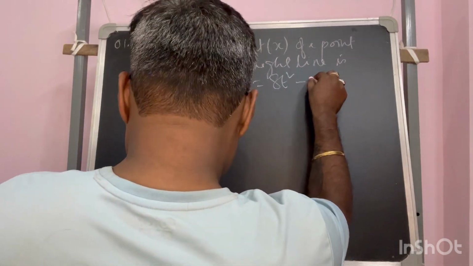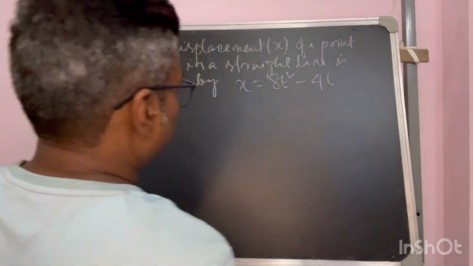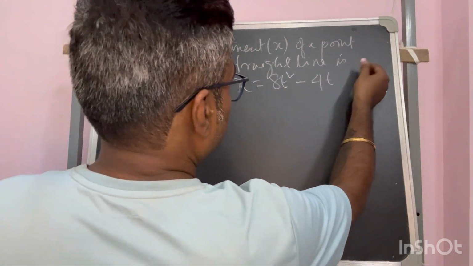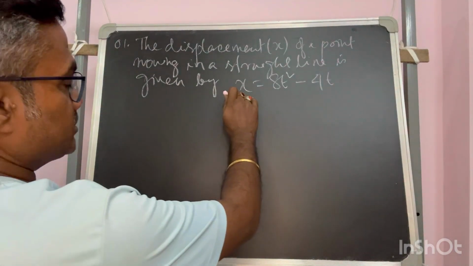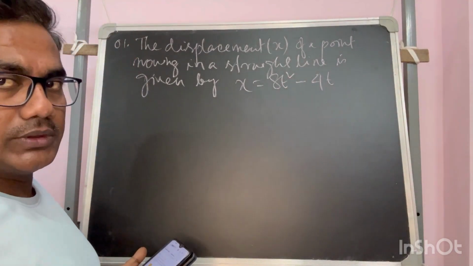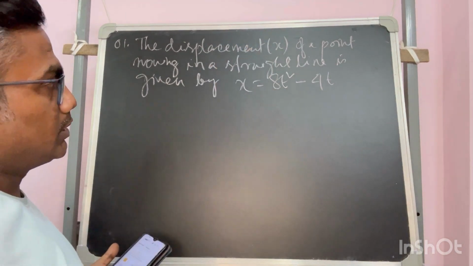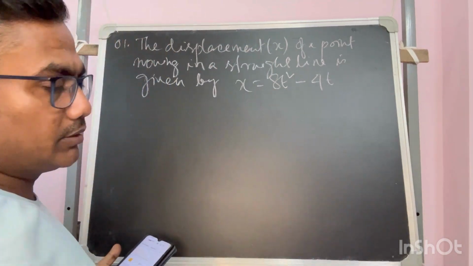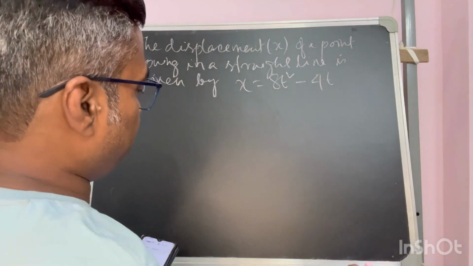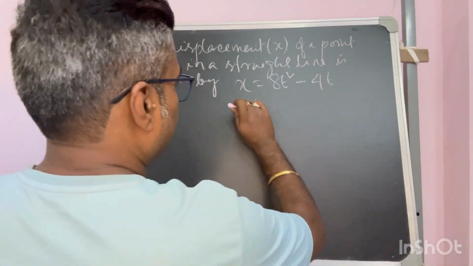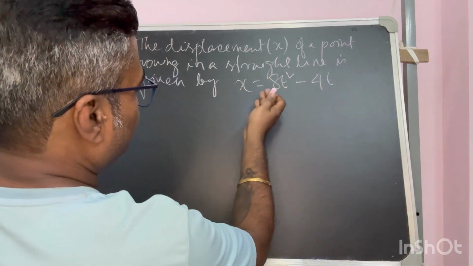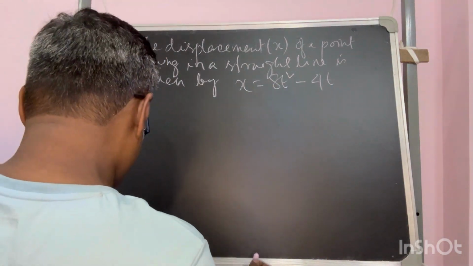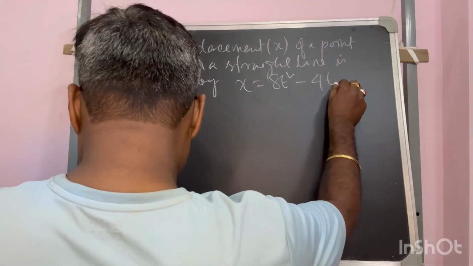8t square minus 4t. So that means x is a function of t, as I described in the theory: if displacement is a function of t only, then for instantaneous motion we can derive the velocity or acceleration. So this is given in the form of the independent variable t. There x and t both are variables.